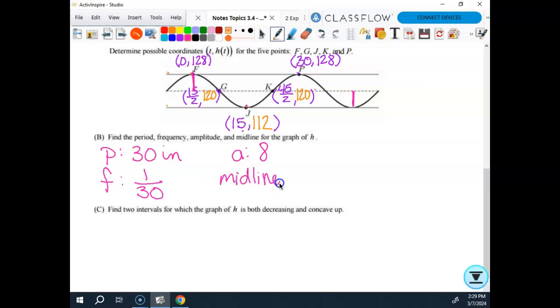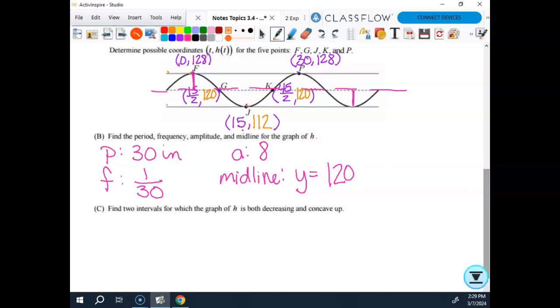Midline is a y equals, I just heard that. Y equals what? What does y equal right here? 120. I know. That's why I'm asking you. You should ask yourself, is what is this coming from, x or y? If we're going vertically, that's y. If we're going horizontally, that's x.